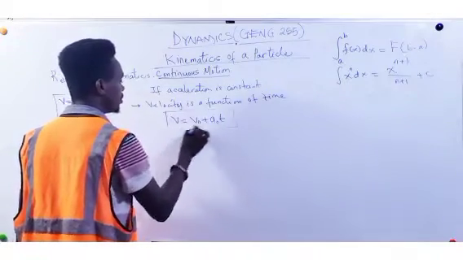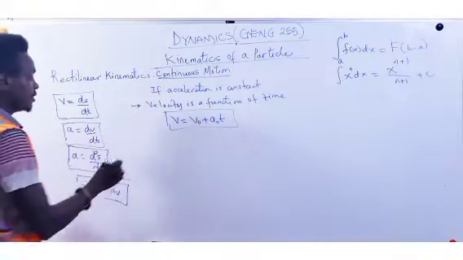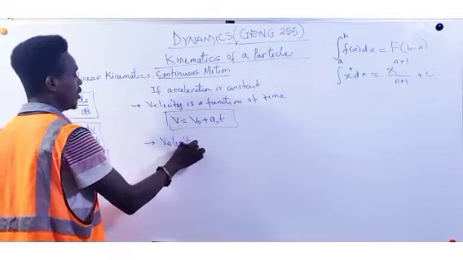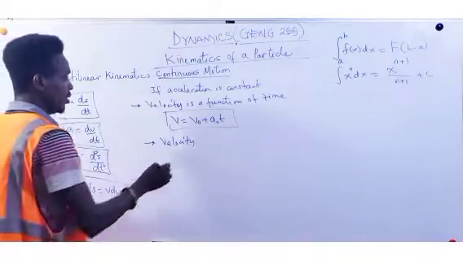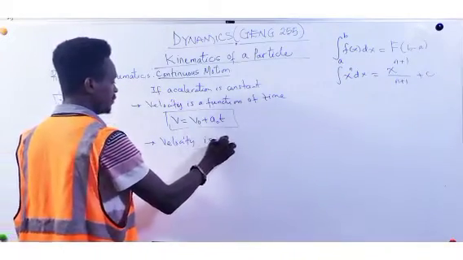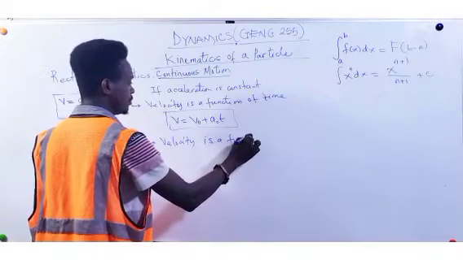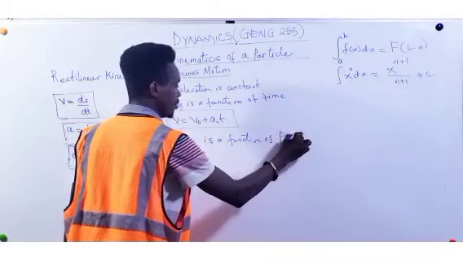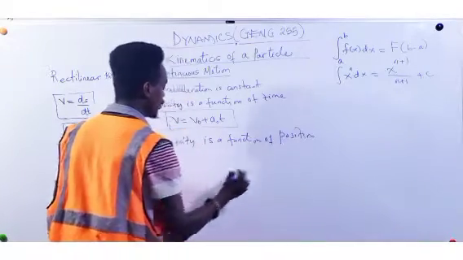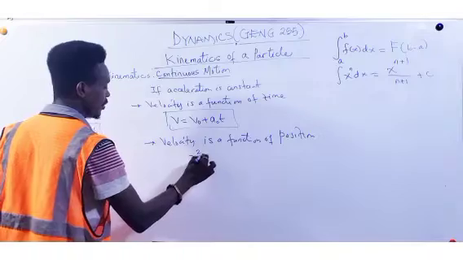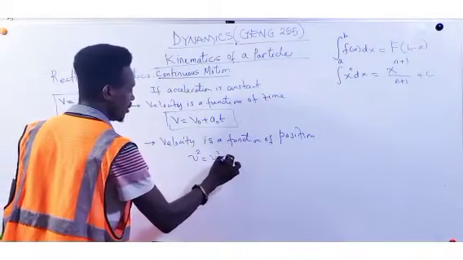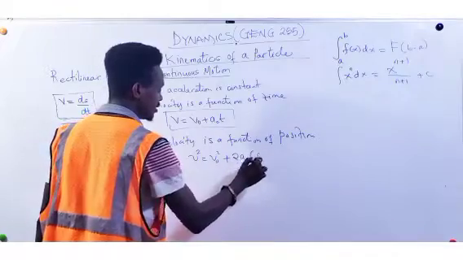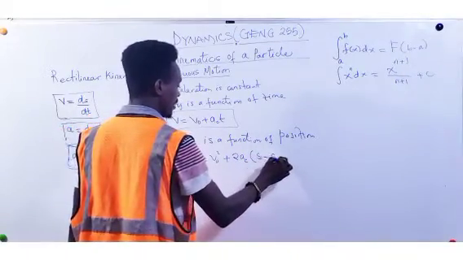Again, we say that we can relate our velocity as a function of position. Our equation was v squared is equal to v naught squared plus 2 ac, times s minus s naught.